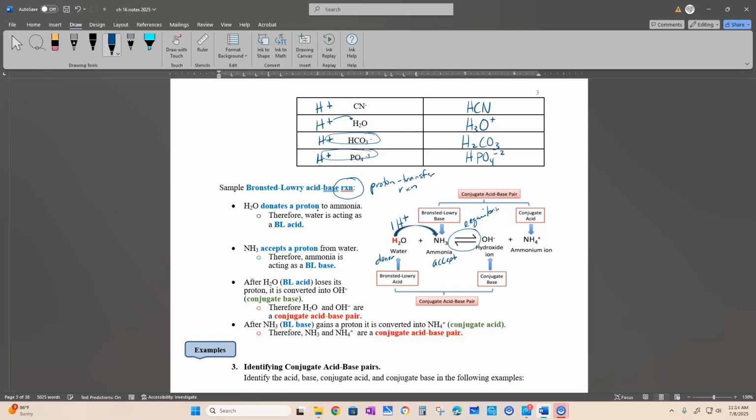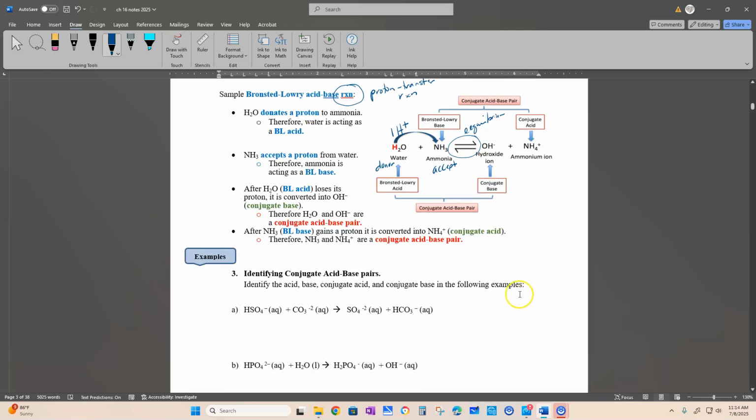Equilibrium, okay? So let's practice. I have HSO4 and CO3. I want you to identify who's the acid, the base, the conjugate acid, and the conjugate base, okay? Well, you have to think. CO3 can't be the acid, okay, because he doesn't even have a proton to donate.